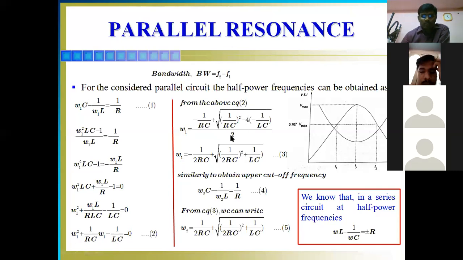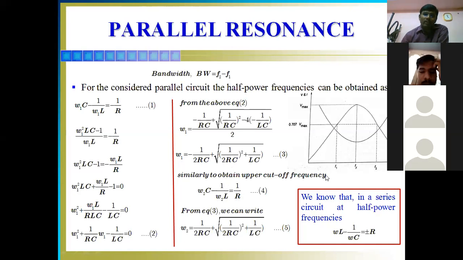Bringing the 2 to the numerator, omega 1 is equal to minus 1 by 2RC plus square root of (1 by 2RC) squared plus 1 by LC. The 4 by 4 gets cancelled. Because this is the lower cutoff frequency.